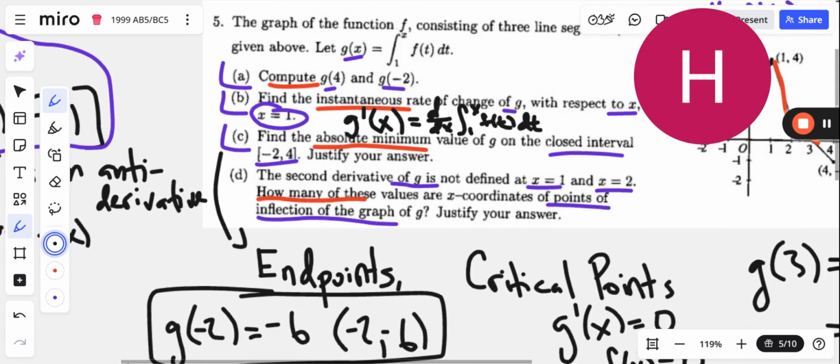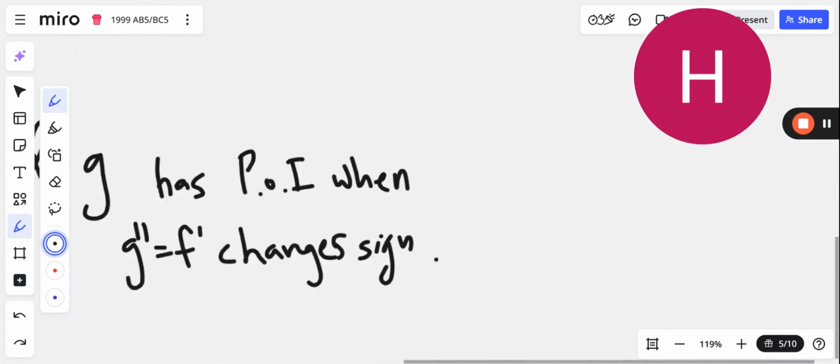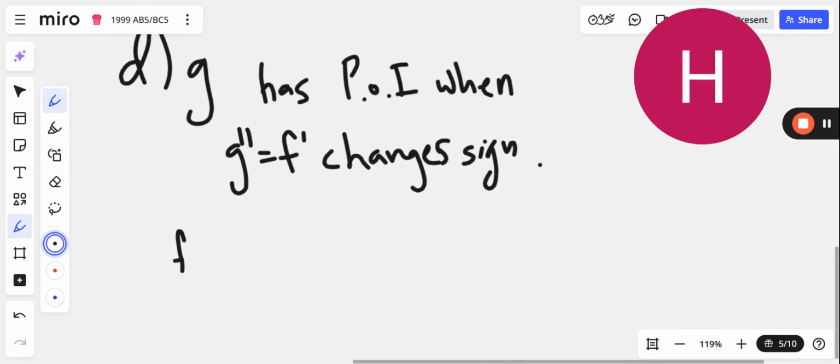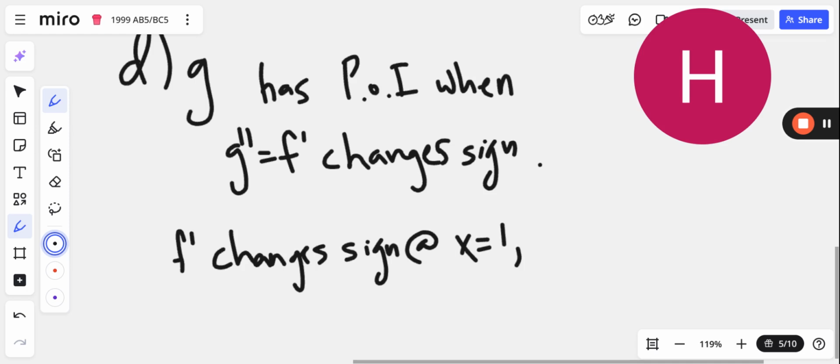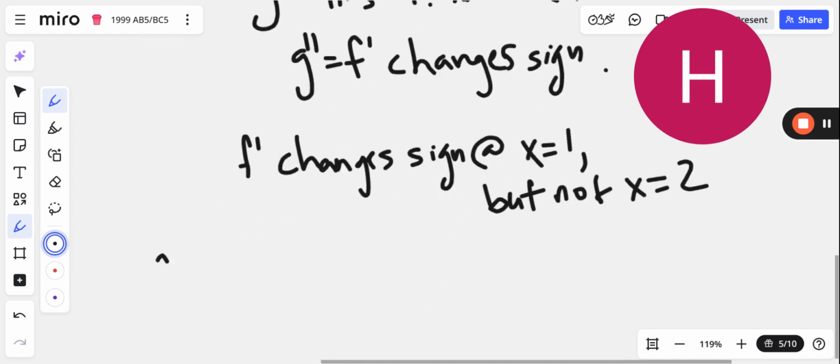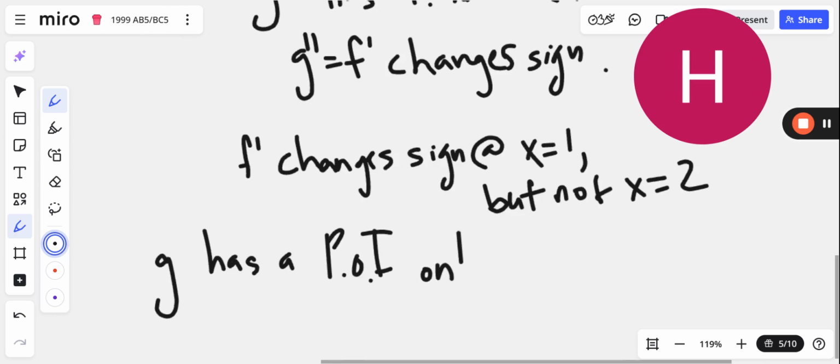It's asking how many of these x values, x equals 1 and x equals 2, have that change. So we'll say f prime changes sign at x equals 1, but not x equals 2. Therefore, G has a point of inflection only at x equals 1.